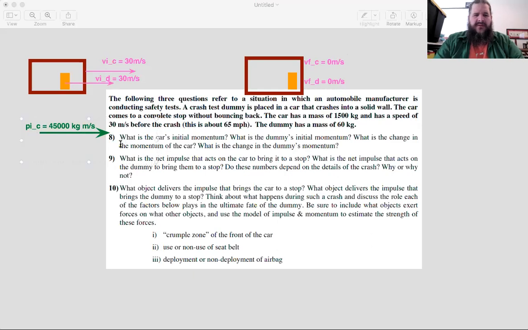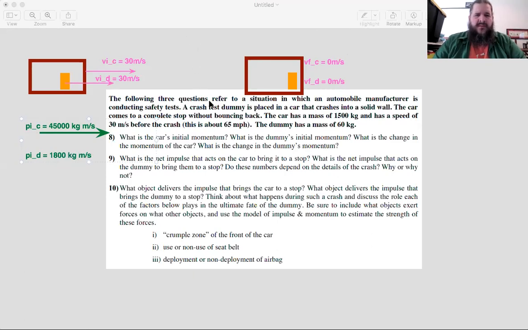And what about the momentum of the crash test dummy? If we multiply that mass, 60 kilograms, times the same velocity, 30 meters per second, that looks like 1,800 kilogram meters per second.